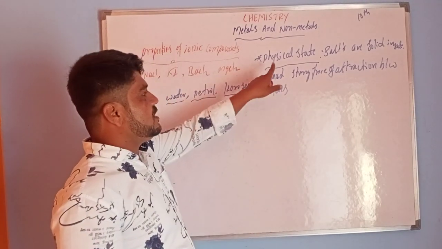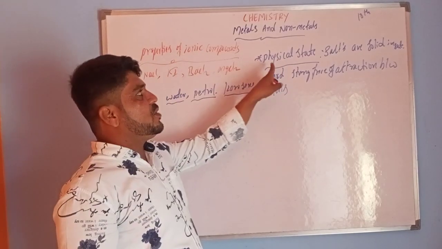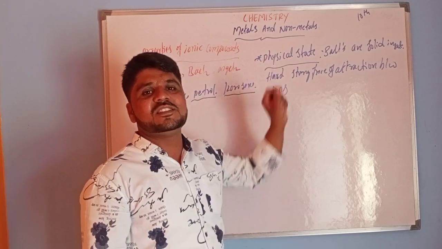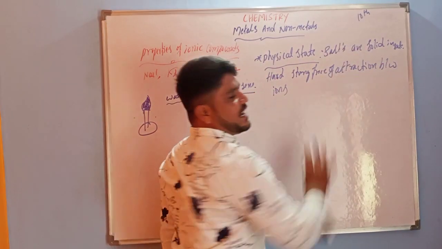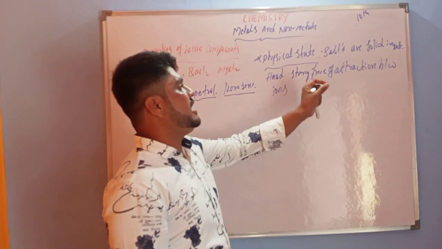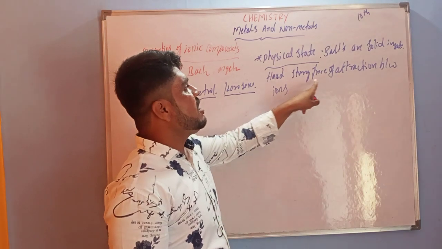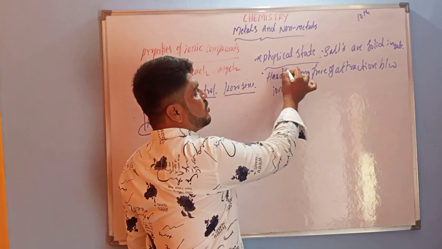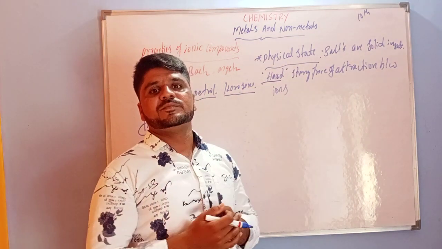So in the properties of ionic compounds, the first property is physical state or physical nature. Salts are solid in state, and they are somewhat hard because of the strong attractive force between the ions. That's why these ionic compounds are hard. This is the first property.